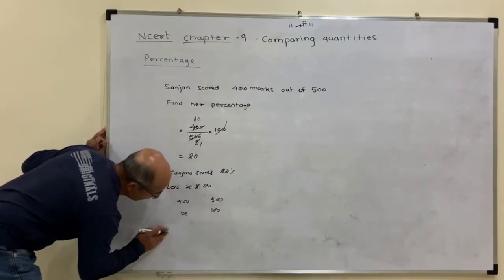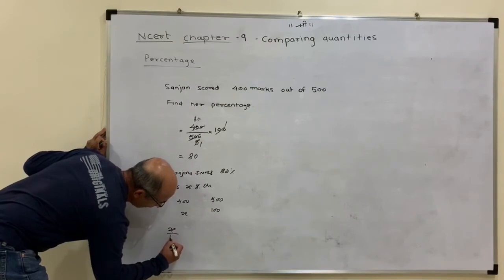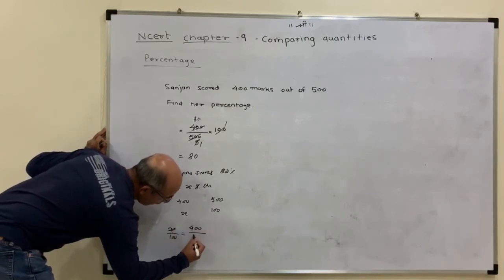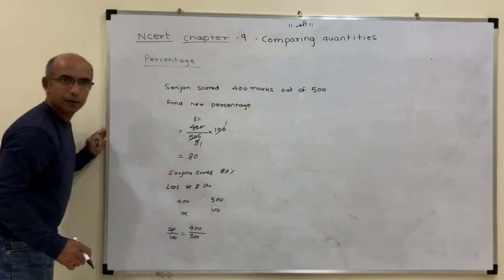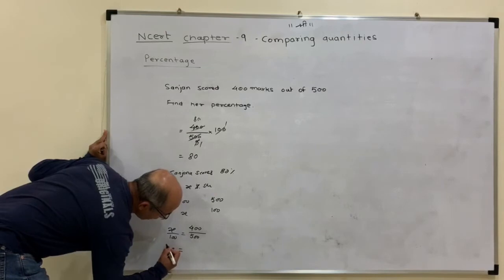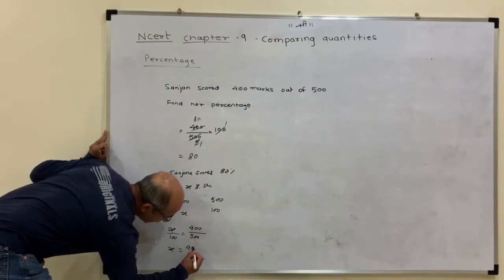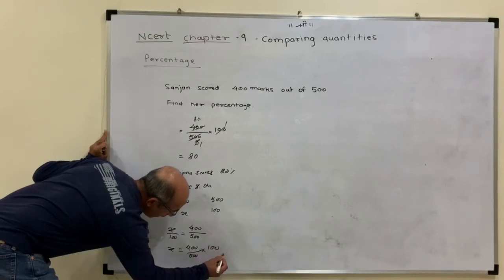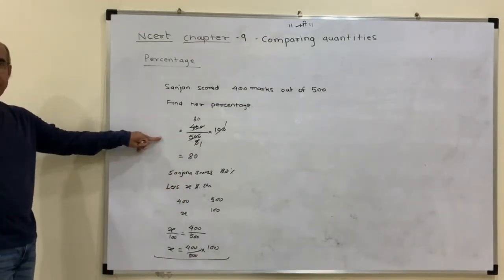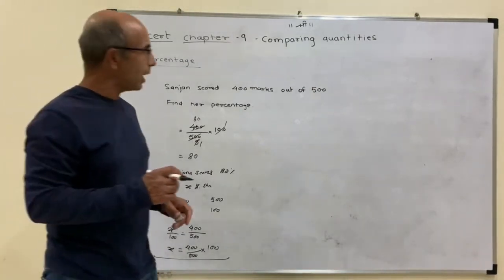Therefore, X divided by 100 equals 400 divided by 500. Here I transpose from the left hand side to the right hand side: 400 divided by 500 into 100. This is exactly what I did in one step by simply multiplying by 100. Now let's understand with another example.